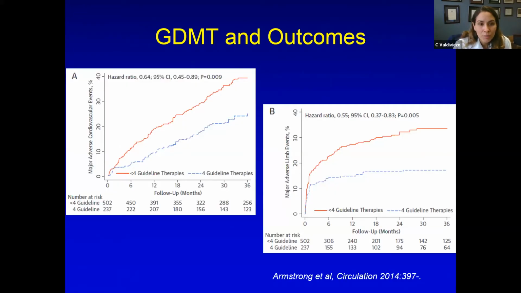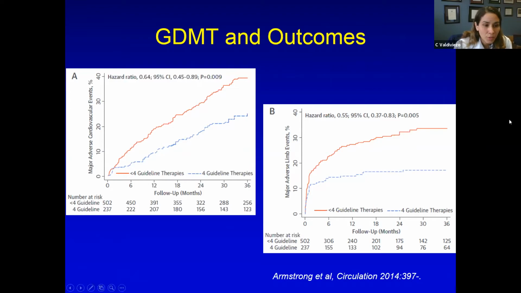So if we look at GDMT and outcomes among these patients, the red line, the red graph, shows those patients who are on fewer than 4 metrics of guideline therapy versus those who are more optimized on guideline therapies.